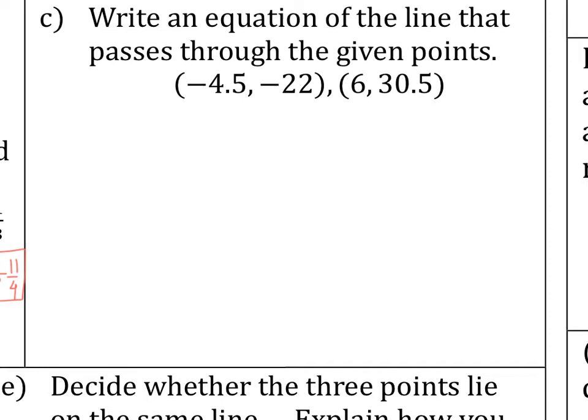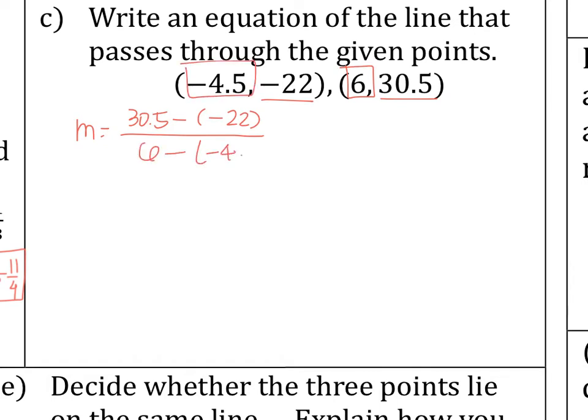So the slope is 30.5 minus -22, and put that over 6 minus -4.5. 30.5 minus -22 would give you 52.5. 6 minus negative 4.5 would give you 10.5.